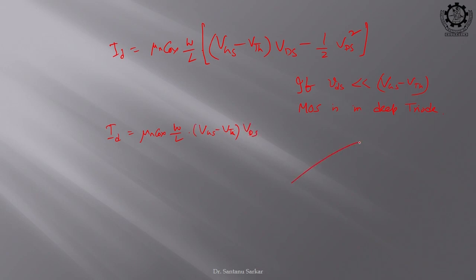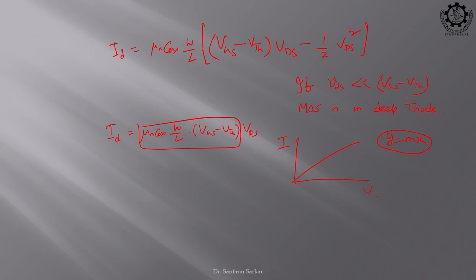So, if you plot this, you just see that this is nothing but y equal to mx, right. In this expression, for a particular VGS and VTH, the term is constant, and this is just like Ohm's law, Ohmic law.